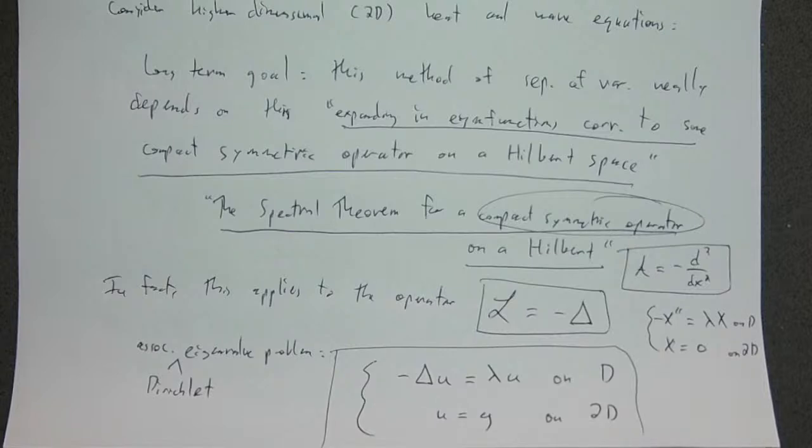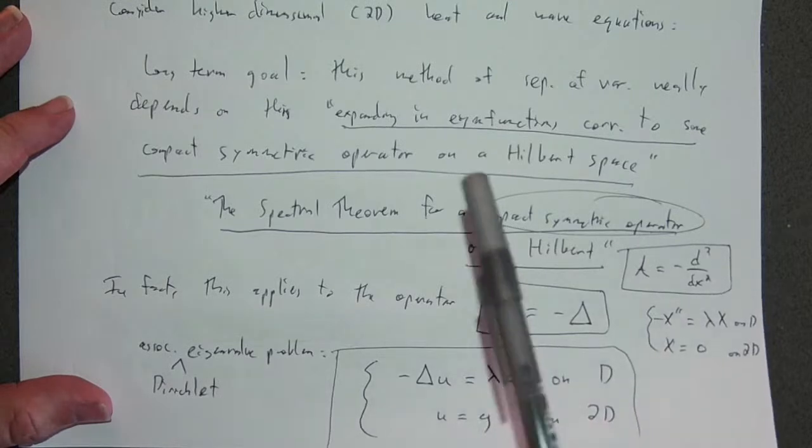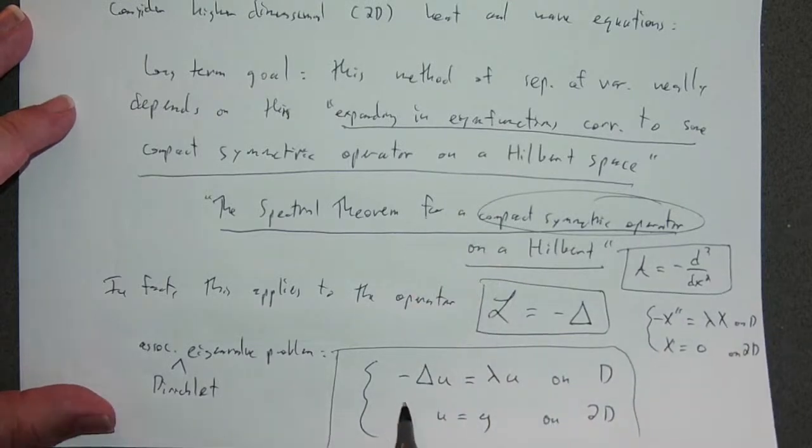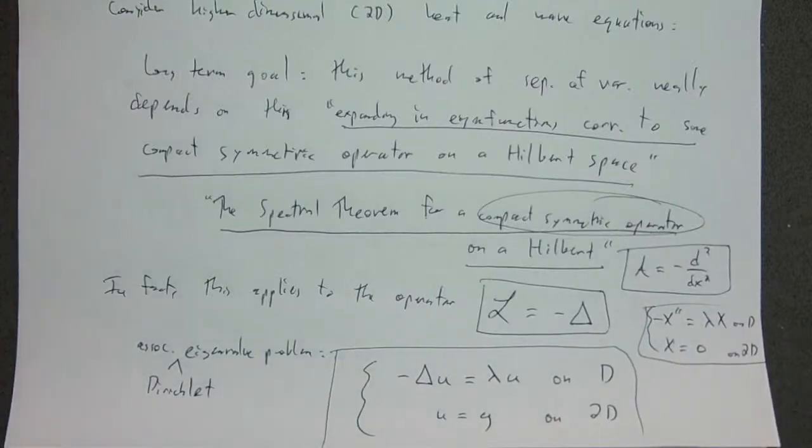But this same idea of expanding in eigenfunctions works for this more complicated eigenvalue problem in an analogous way that it worked for these simpler eigenvalue problems that we use to exploit this separation of variables algorithm.